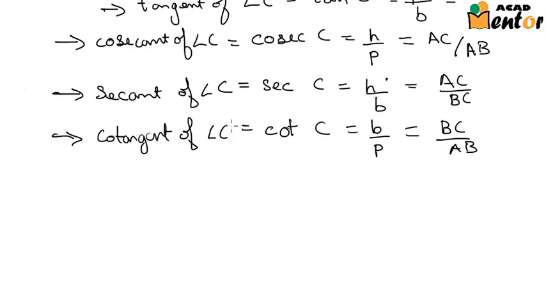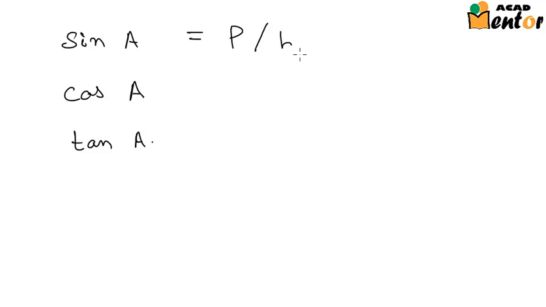Now I can give you a trick to remember these. Let's write sine of angle A, cos of angle A, and tan of angle A. Remember, sine was perpendicular by hypotenuse, cos was base by hypotenuse, and tan was perpendicular by base.